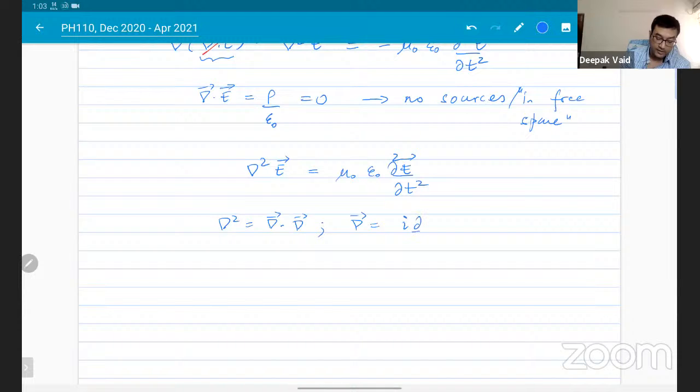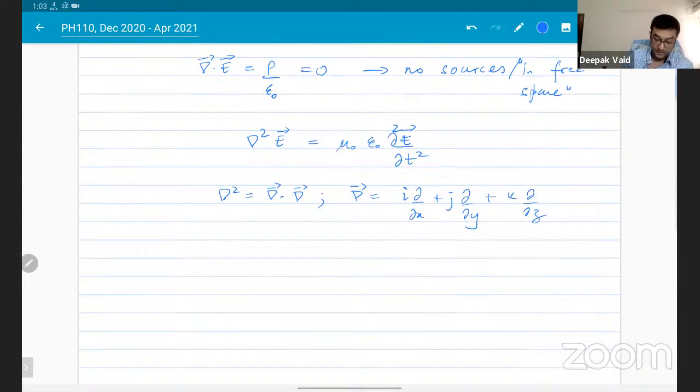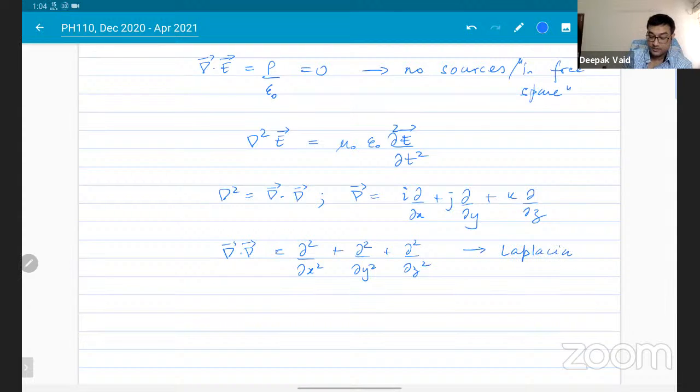Del is equal to i d by dx, j d by dy, k d by dz. So if I take del dot del, I get d square by dx square plus d square by dy square plus d square by dz square. It's called the Laplacian, after the mathematician Laplace.